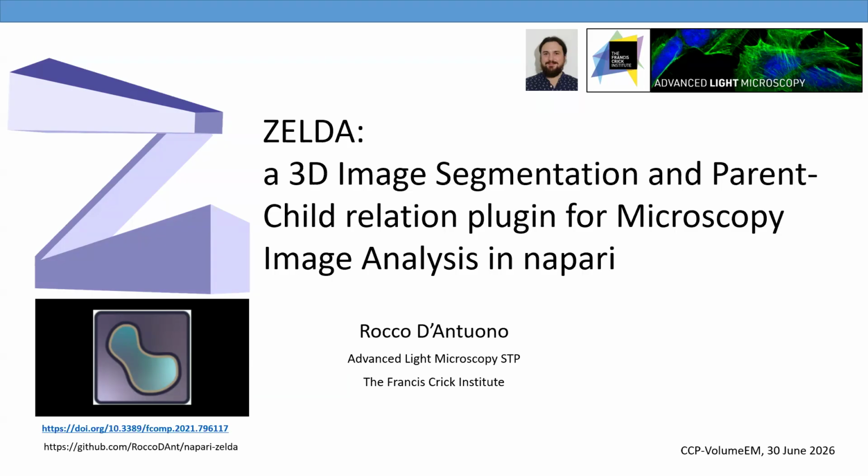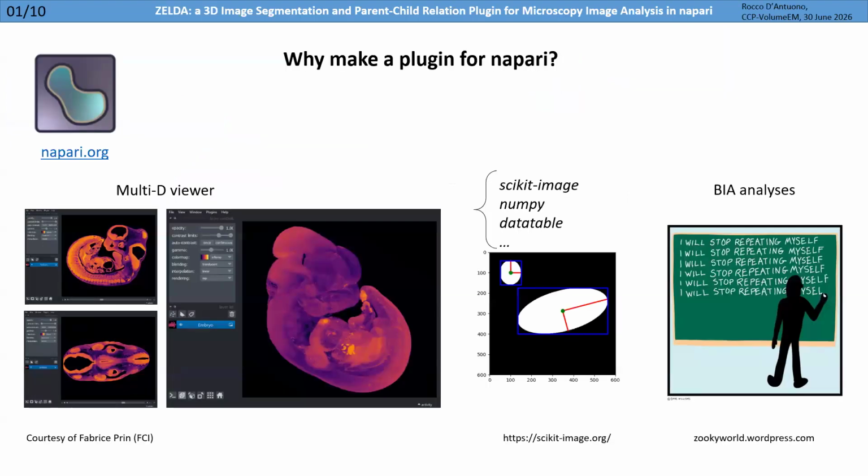Zelda is a plugin for Napari that can be used to segment 3D image data of optical fluorescence microscopy. And actually, there are a few reasons behind developing it, at least for me personally.